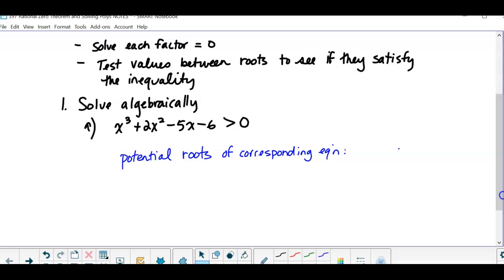So we really only care about that constant term. So factors of 6: 1 and 6, 2 and 3. Positive or negative. One has to be positive, one has to be negative for each factor of 6, negative 6.